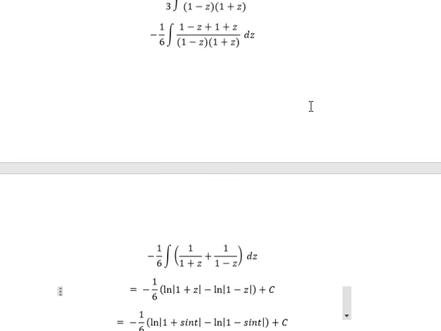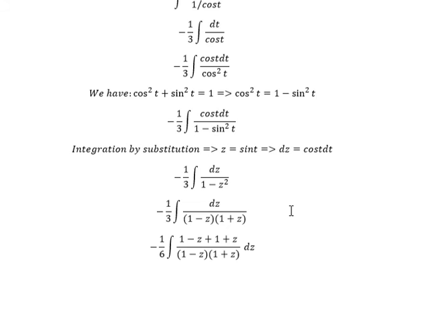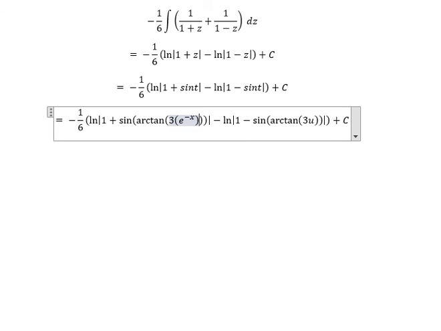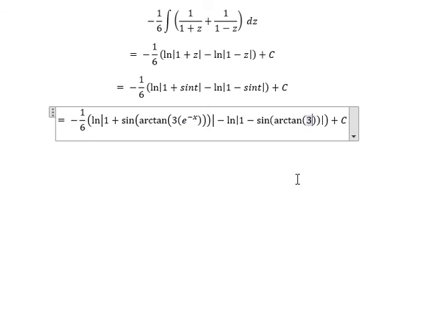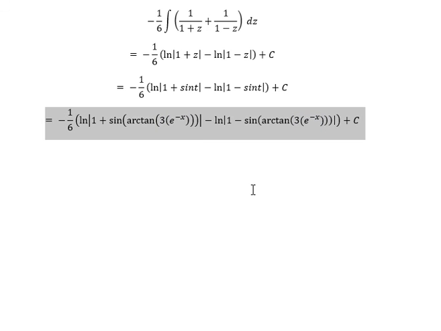About u, we need to change back to this one, and that's it for the final answer.